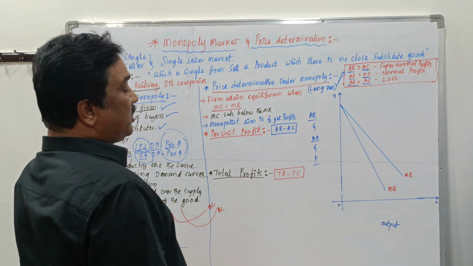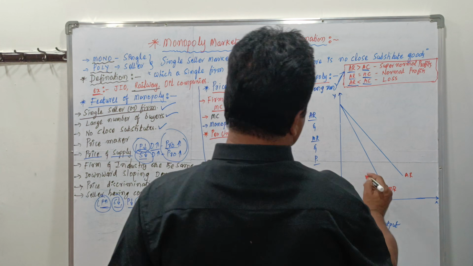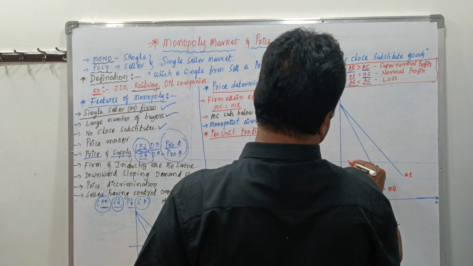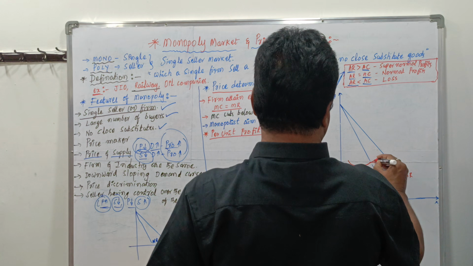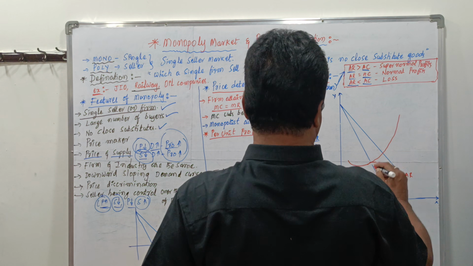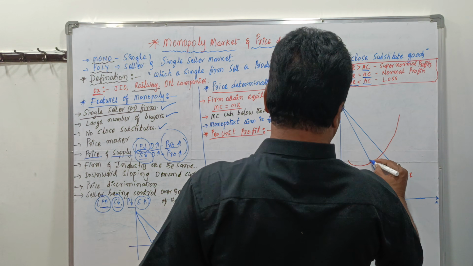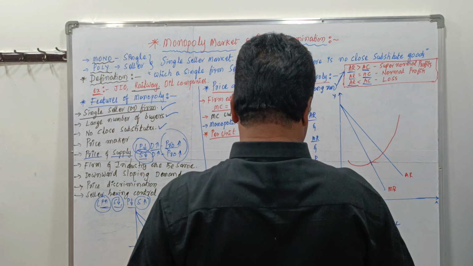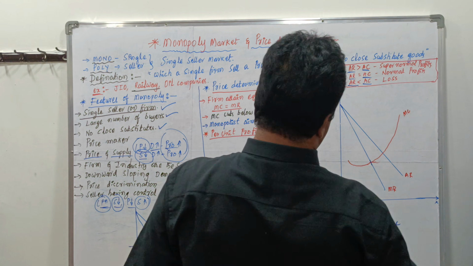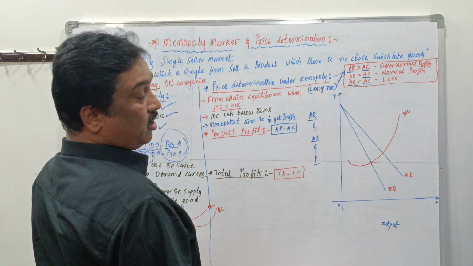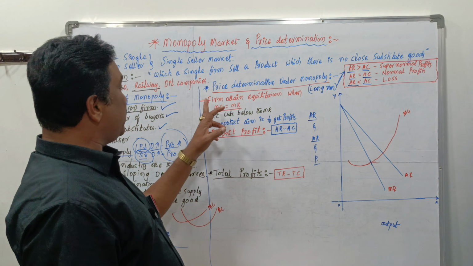So here first we have to show the MC curve. This is called the marginal cost curve. Everyone remember the two conditions.